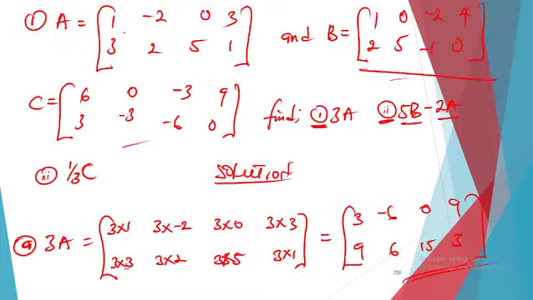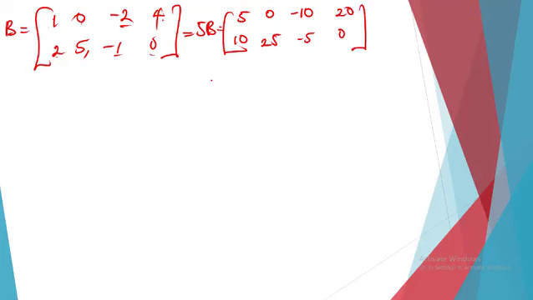So we are asked to find 5B minus 2A. 5B will then be equal to 5 times 1 is 5, 5 times 2 is 10, 5 times 0 is 0, 5 times 5 is 25, 5 times minus 2 is minus 10, 5 times minus 1 is minus 5, 5 times 4 is 20, 5 times 0 is 0. These are 5B.